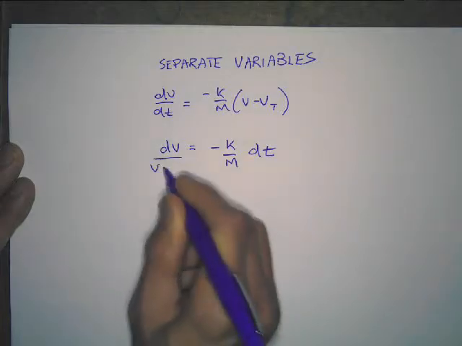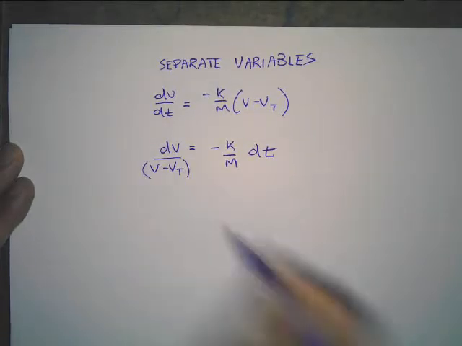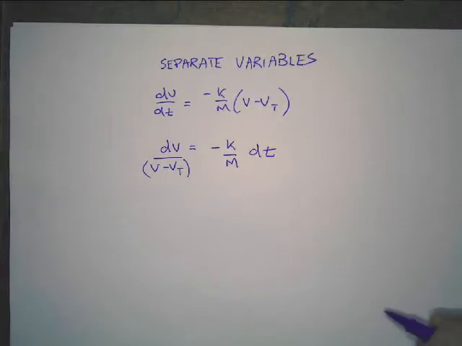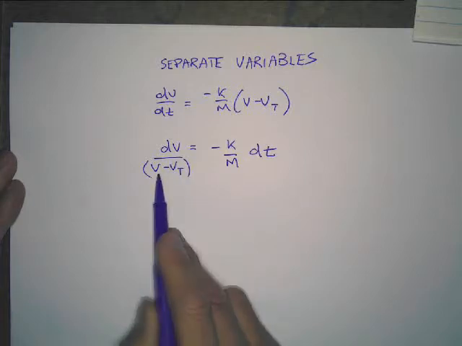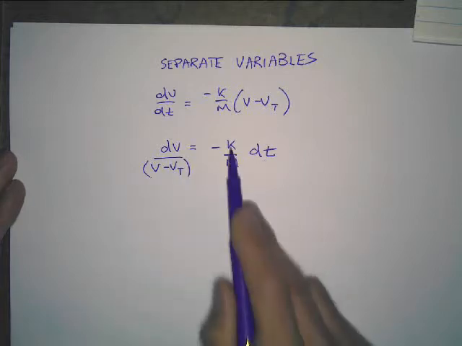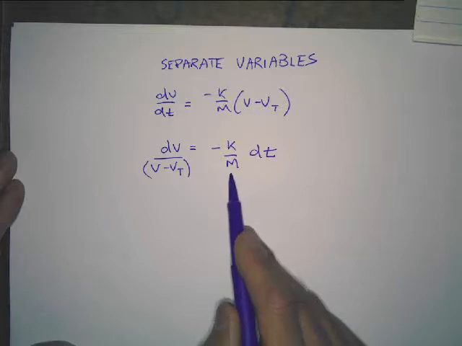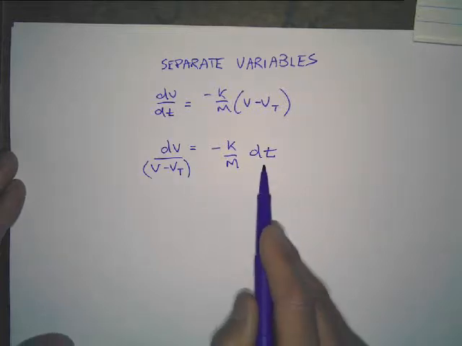So if I divide both sides by those terms, I get that. Now, that's what it means to separate the variables. We've got the v's together, and the t is by itself. These constants do not have a t in them, but we usually put the constants with the t term.